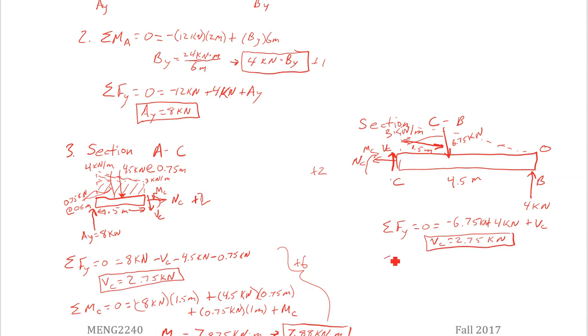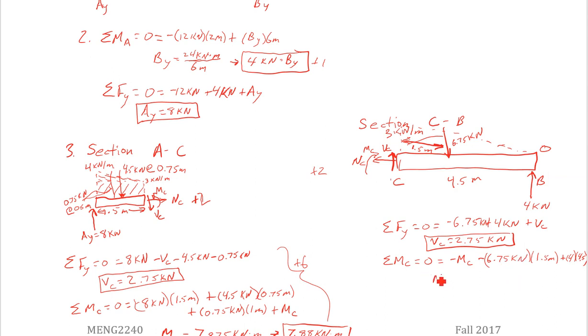Then we'll do the moments. Sum of the moments around C, 0 equals, so we have negative MC. This concentrated load from our distributed load is going to be creating a negative moment, minus 6.75 kilonewtons, and that's operating at 1.5 meters from C. And then finally plus 4 times 4.5 from my B. So this thing is, let's see, about 18, and this is a little more than 10.